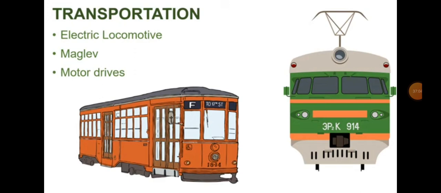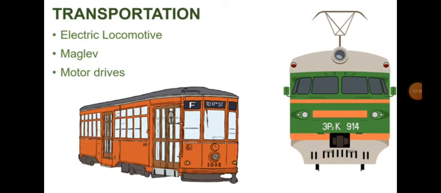Maglev systems. Now, maglev systems have a wide range of possibilities in the near future. A very good example of a maglev system is Hyperloop, which is being developed by a businessman in the USA named Elon Musk.